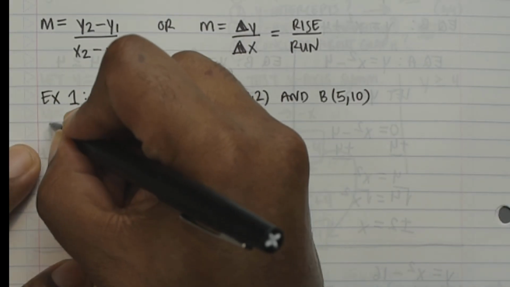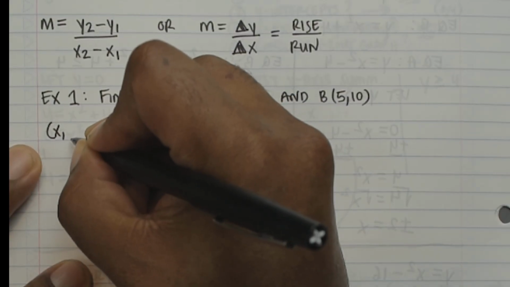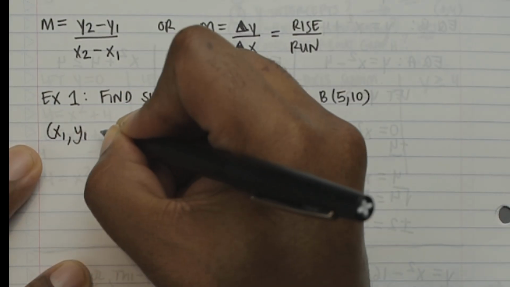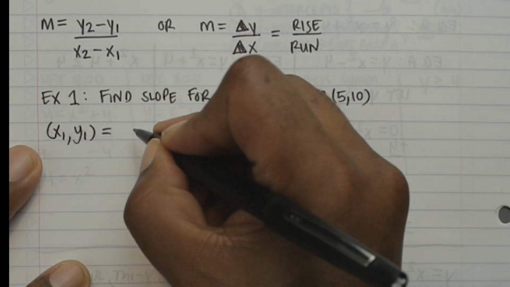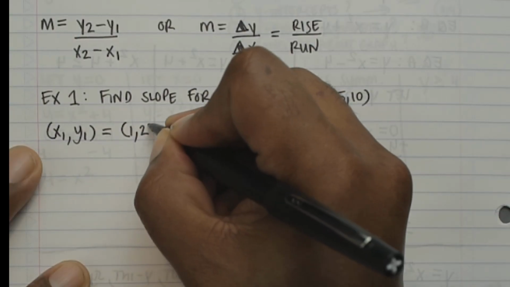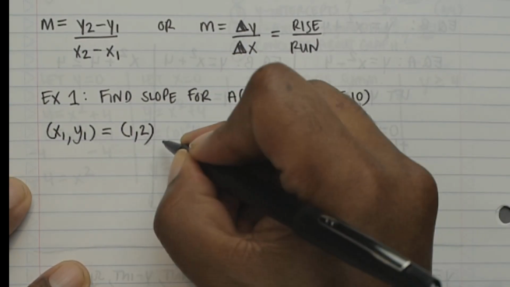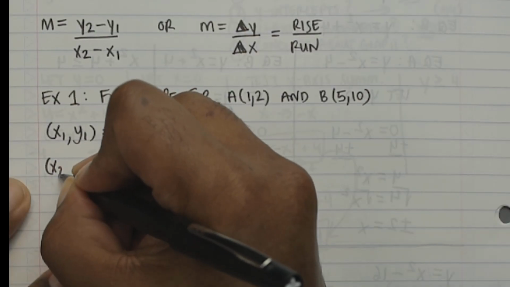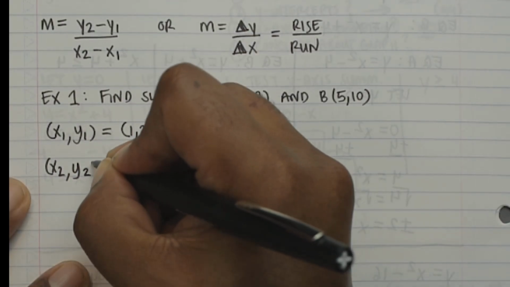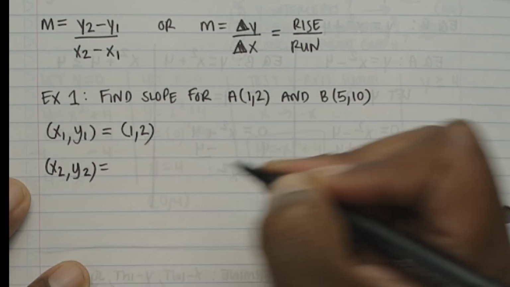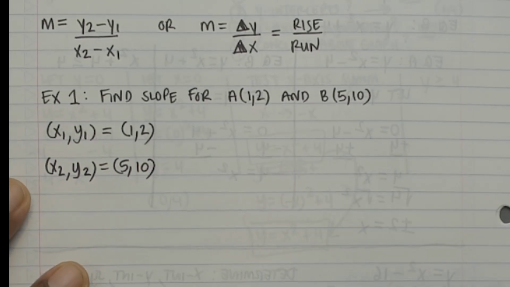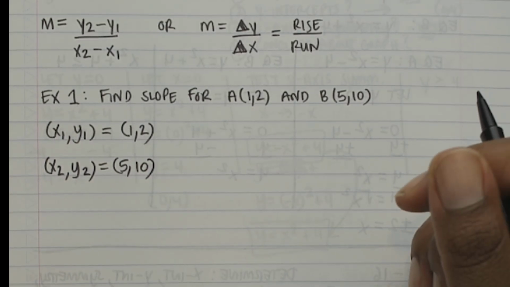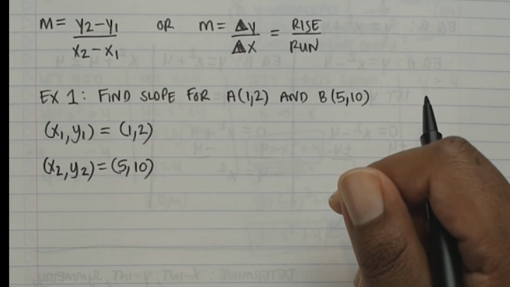Let's say we're going to use x sub 1, y sub 1, and we're going to say that that is 1, 2. And then let's use x sub 2, y sub 2, and we're going to say that that is 5, 10. So it's best to establish the points that you're going to use so that you don't make a miscalculation.